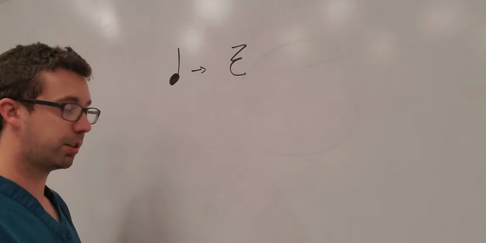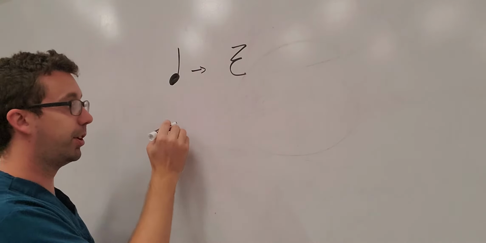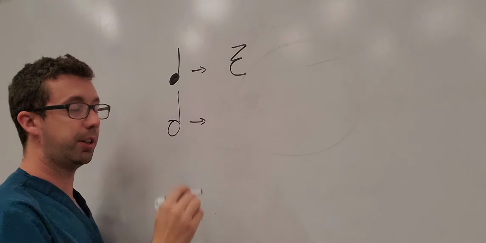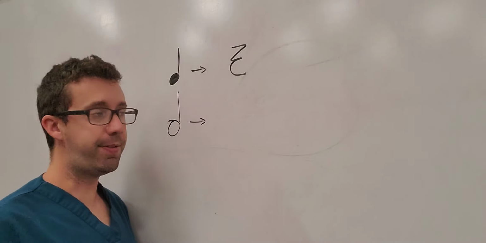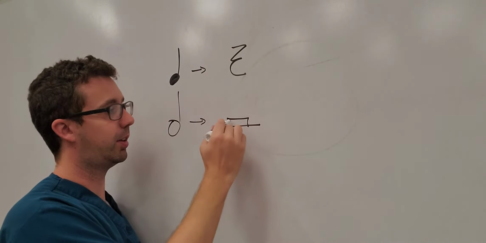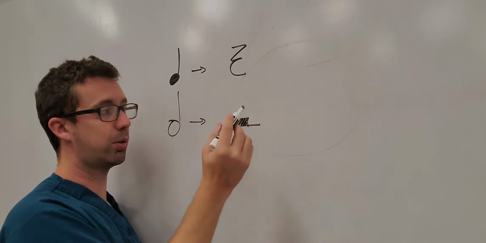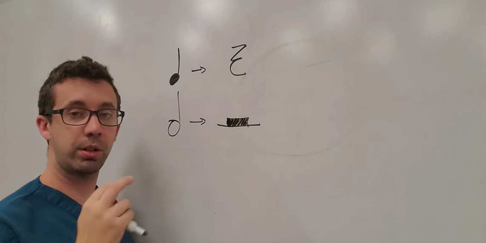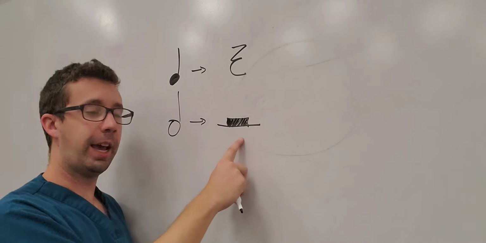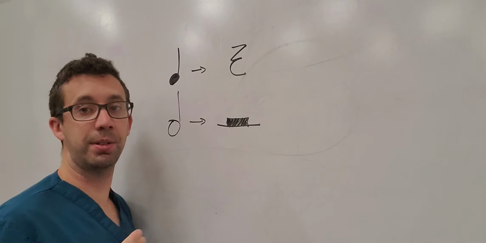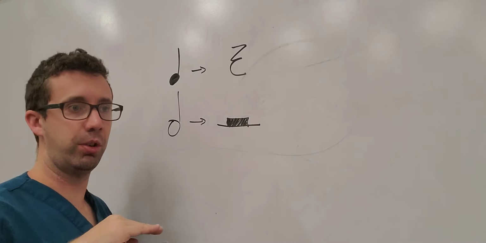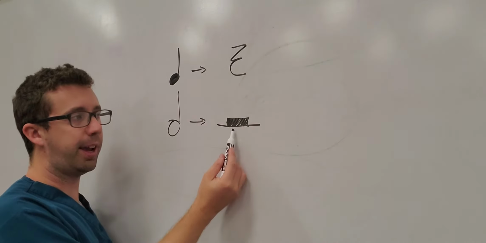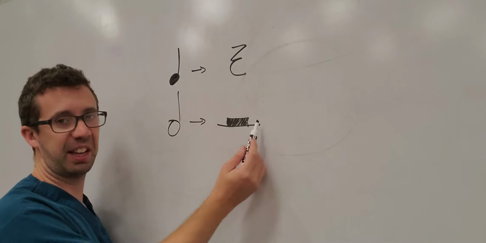So, continuing on, for every half note, there is a half rest that goes along with it. A half note gets 2 beats of sound, and a half rest gets 2 beats of silence, or 2 beats of no sound at all. And a half rest looks like just a hat.